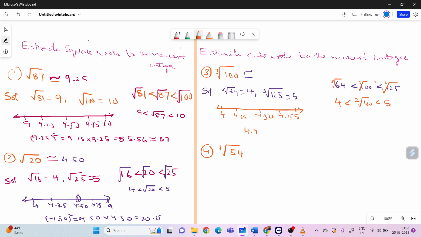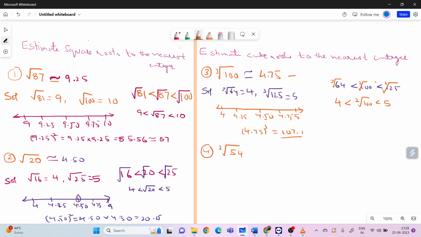So I will take 4.75 cube. This will be equal to, it will be coming around 107.1 something. So that is already nearly equal to 100.